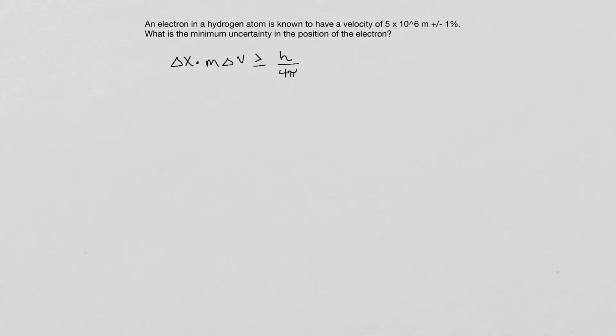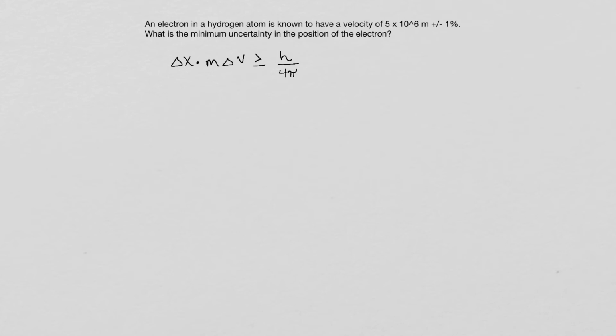Now let's take a look at something much smaller than a ping pong ball and calculate the uncertainty in the position of an electron. So we're going to start off with our same equation here, and we know the velocity to within 1% of 5 times 10 to the 6th meters per second. So here we're going to start off by figuring out what the uncertainty is in the velocity.